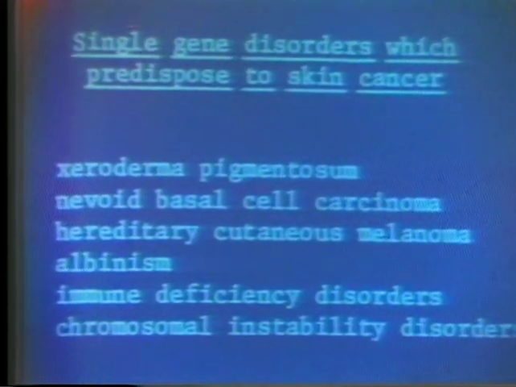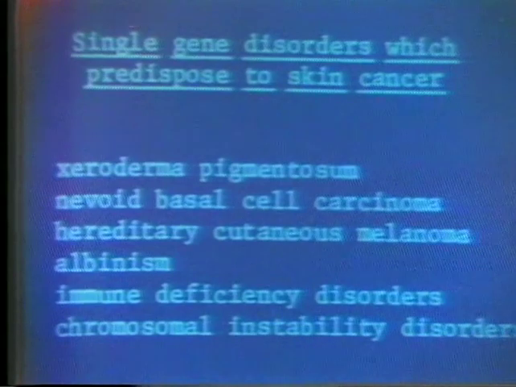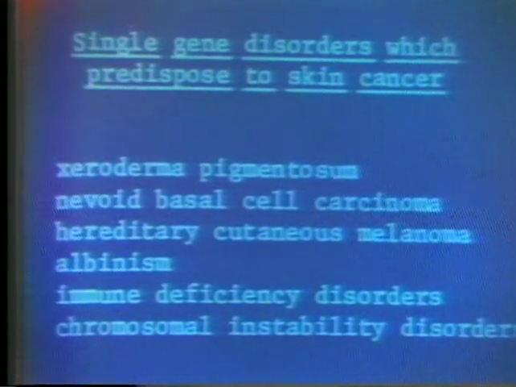So each of these single gene disorders has something entirely different but important to tell us about the individual, about his family, about possibilities for population screening and cancer control, as well as about basic mechanisms of carcinogenesis. So while these collectively only make up a small number of cases of skin cancer, they are much more informative than looking at 1,000 patients.